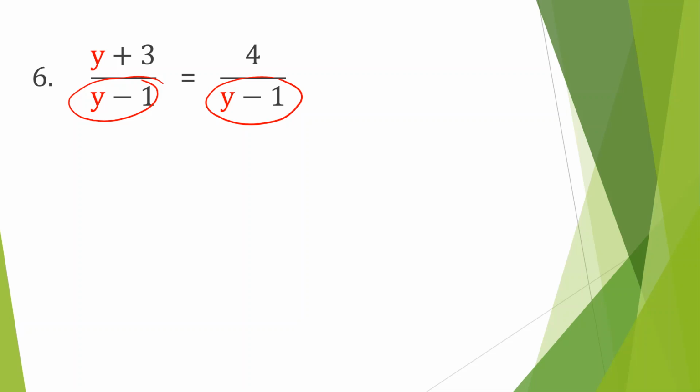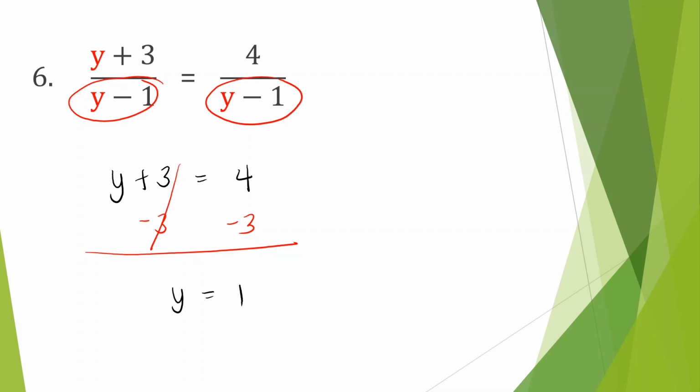So this will become y plus 3 is equal to 4. So let us now solve the equation by adding negative 3 to both sides of the equation. Cancel. So we have y is equal to positive 1.